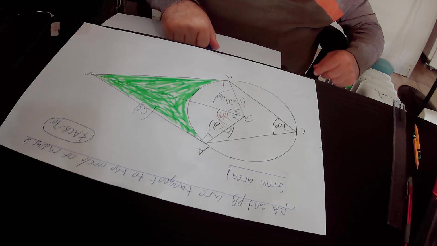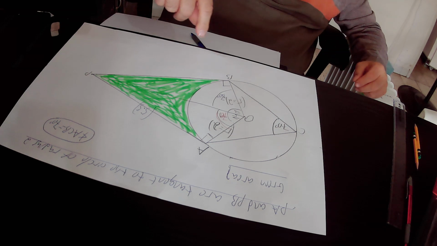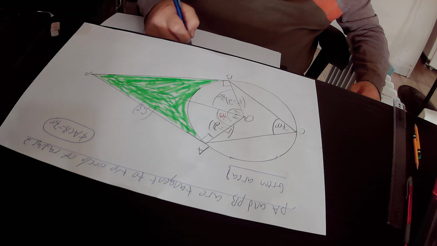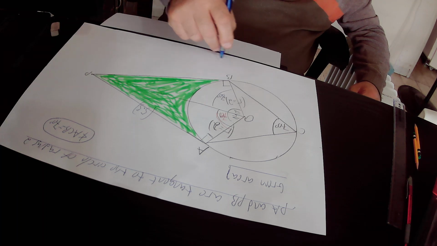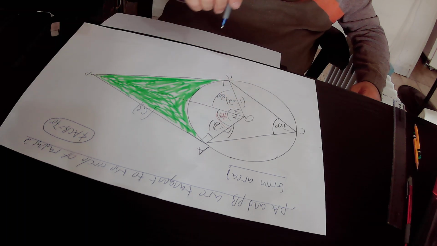So the sum of the areas of those two right triangles will give us the area of this quadrilateral AOBP. So the area of quadrilateral AOBP minus the area of this sector AOB will give us exactly the area of this green shape.